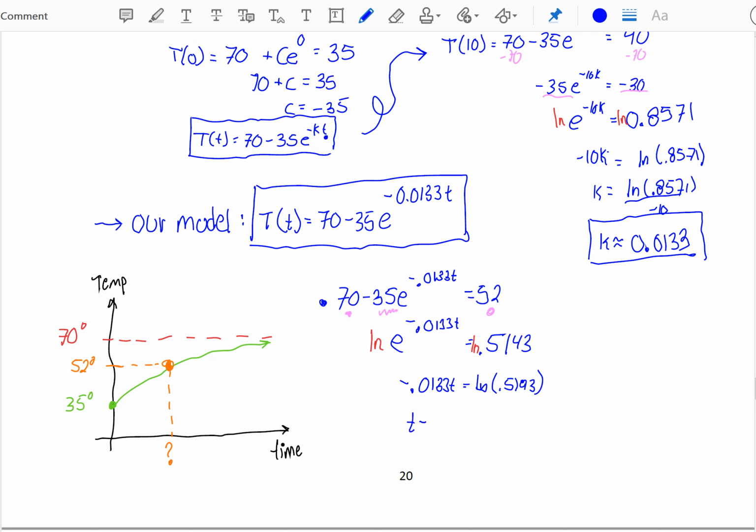And then we'll divide to get t as the natural log of 0.5143 divided by negative 0.0133, which I think when you do on your calculator, you come out to be about 50 minutes. It'll take 50 minutes for this can of beer to warm up to 52 degrees.